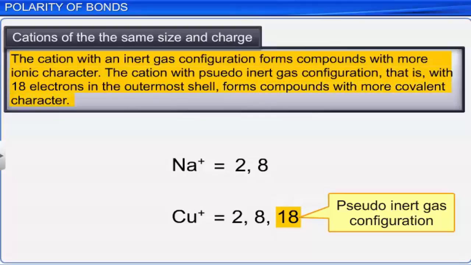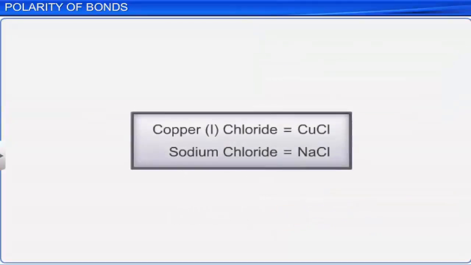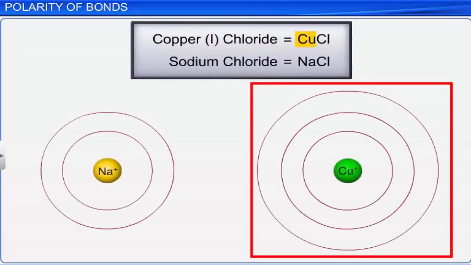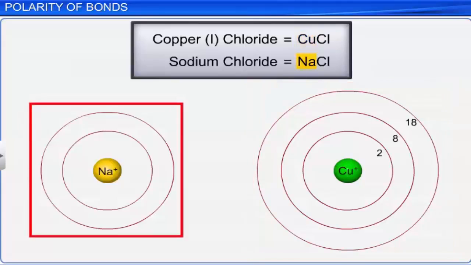For example, copper(I) chloride is more covalent in nature as compared to sodium chloride. The copper ion with pseudo-inert gas configuration has an electronic configuration of 2, 8, 18. The sodium ion with inert gas configuration has an electronic configuration of 2, 8.